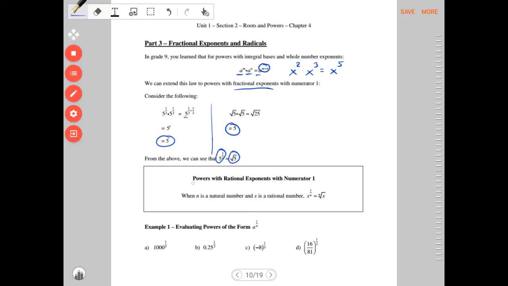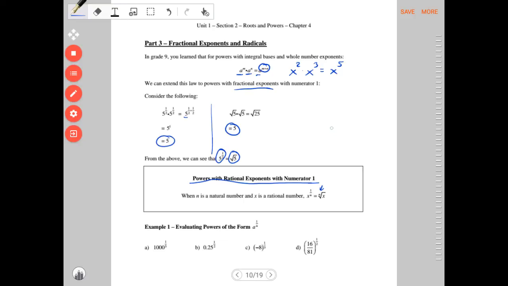So there's a rule here, powers with rational exponents with the numerator 1. When n is a natural number and x is a rational number, x to the 1 over n is the same as the nth root of x. So basically this denominator in the exponent is just the index on the radical.